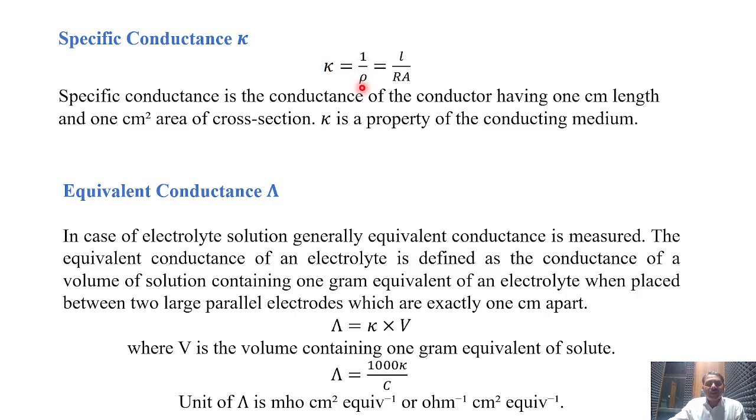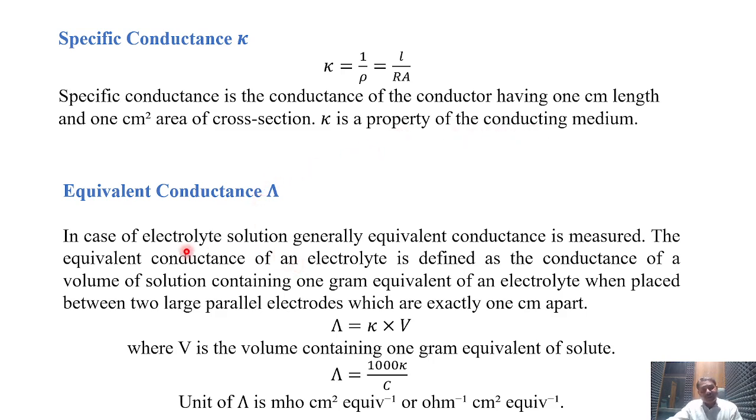Therefore K is equal to 1 upon rho. K is called the specific conductance of the solution. Instead of rho, we may write L upon Ra. Specific conductance is the conductance of the conductor having 1 centimeter length and 1 square centimeter area of cross section. So K is the property of the conducting medium.